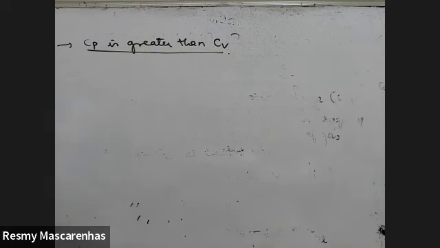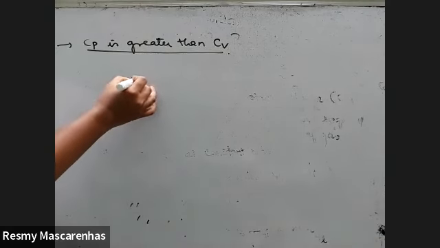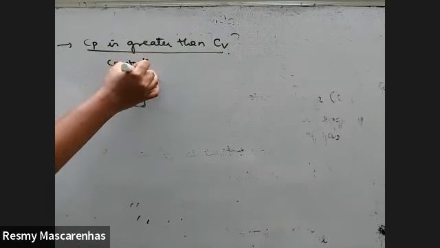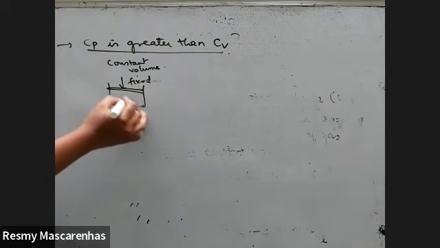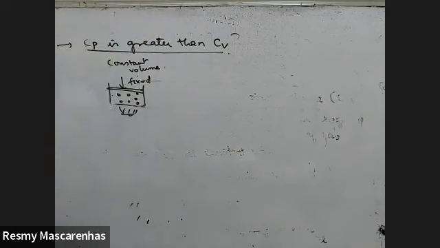Cv, I explained, is where you keep the volume fixed. For constant volume, the piston is fixed. You are supplying the energy, but the piston is not moving.